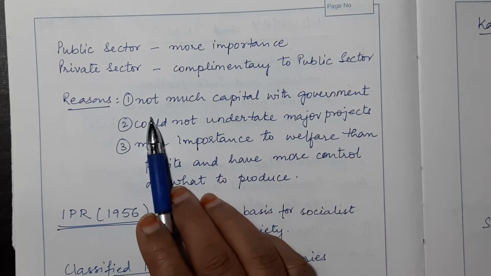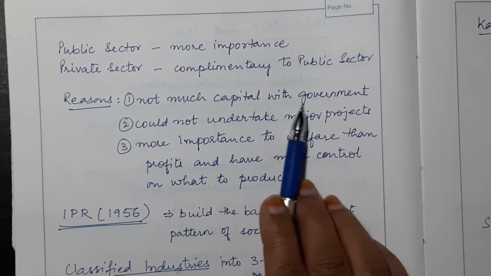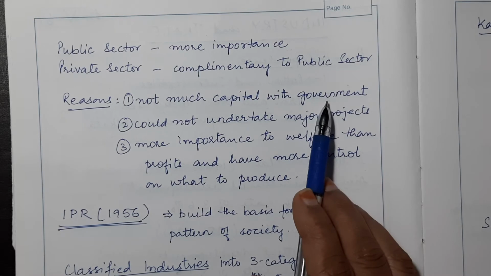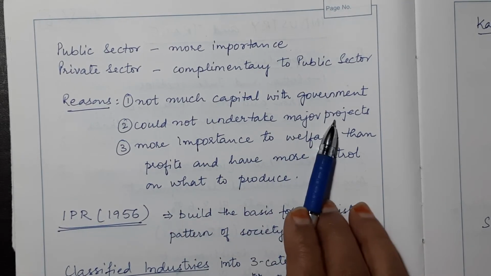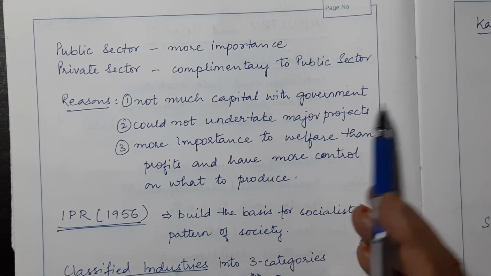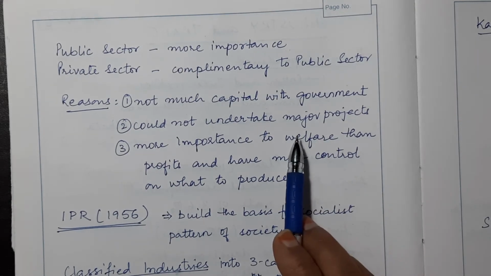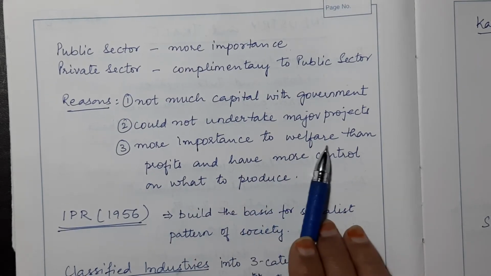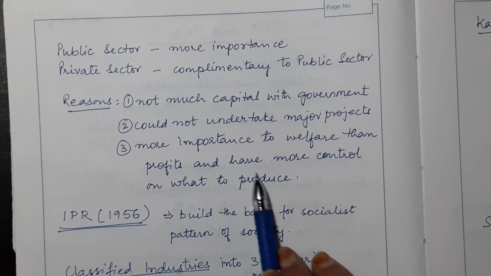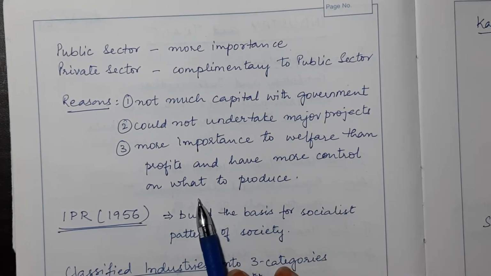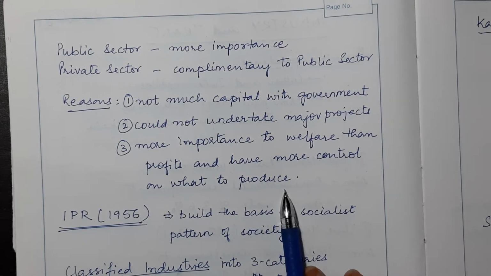The reasons behind this are that there was not much capital with the government to be invested, and the private sector could not undertake major projects because the market was not big enough. More importance was given to welfare than profit maximization. Also, the government could have more control on what to produce.